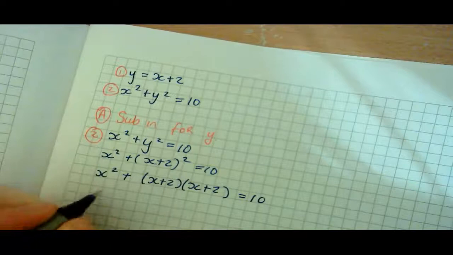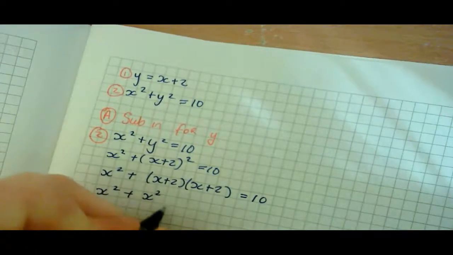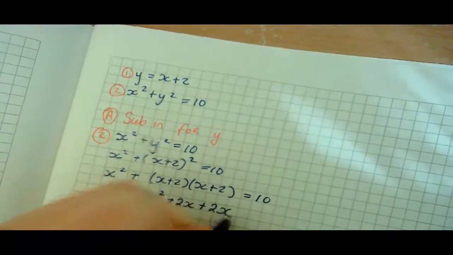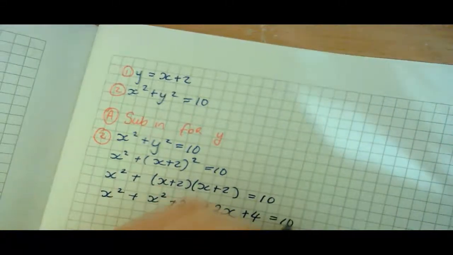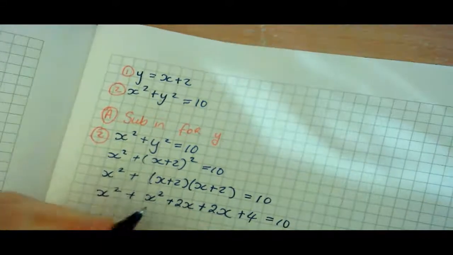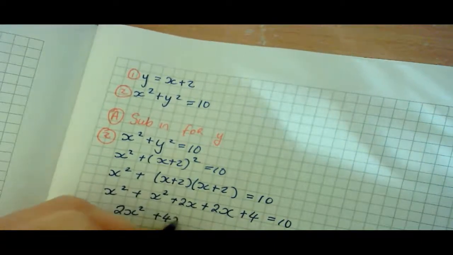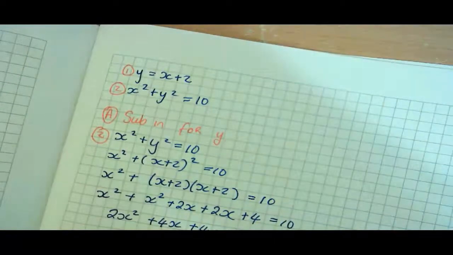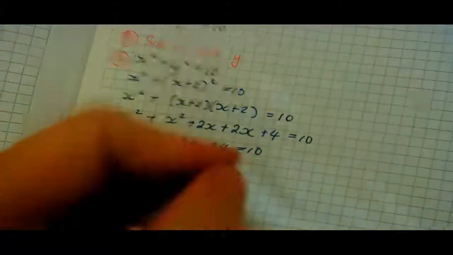So I'm going to multiply out those brackets. X squared plus x by x is x squared plus 2x plus 2x plus 4 is equal to 10. So x squared plus x squared is 2x squared plus 4x plus 4 is equal to 10. So I want to get rid of that 10. So I'm going to take it off both sides.